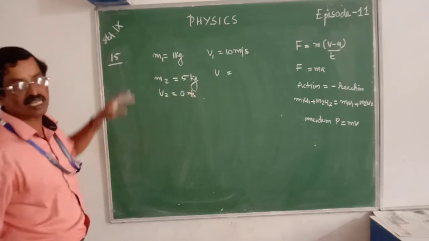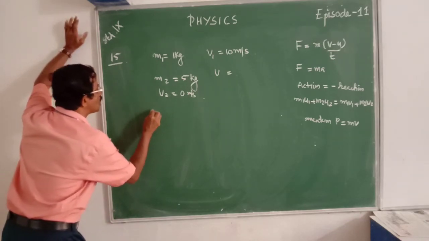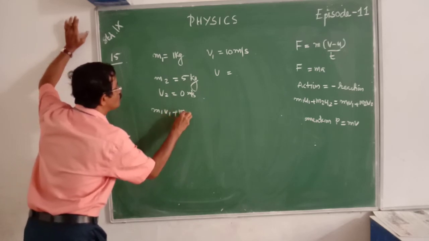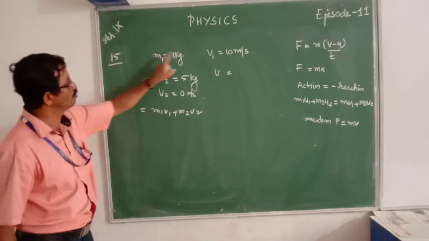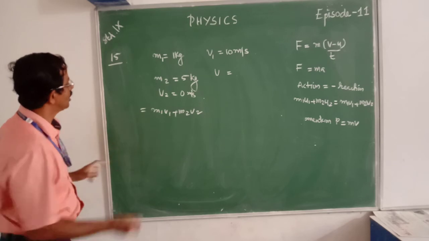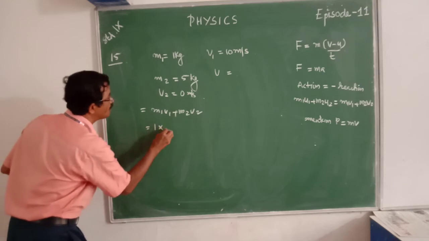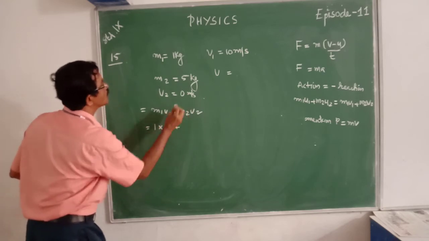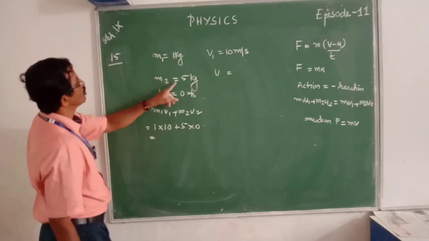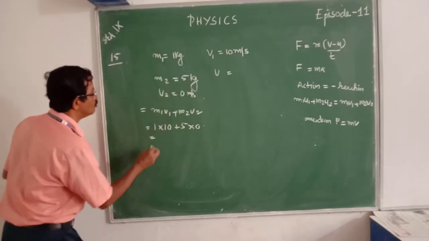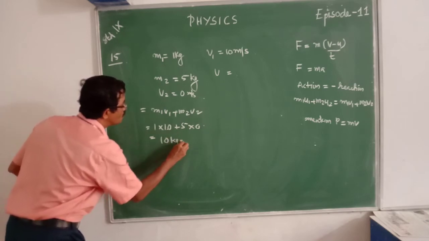Momentum before collision is equal to M1 V1 plus M2 V2, that is 1 into 10 plus 5 into 0, that is equal to 10 plus 0, that is equal to 10 kilogram meter per second.